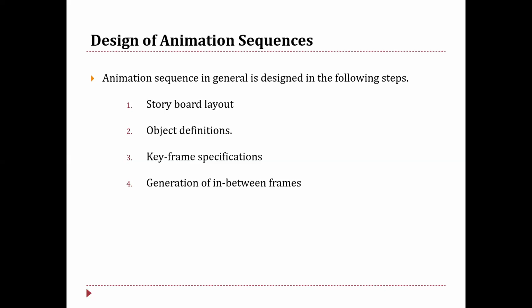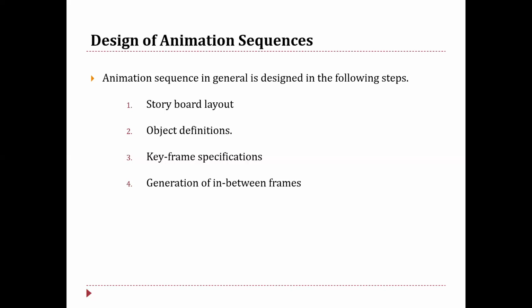Next comes the keyframe specification for us. A keyframe in animation can be defined as a detailed drawing of the scene at a certain time in the animation sequence. It is nothing but a detailed drawing of the scene. Each object is positioned according to the time for the frame with each keyframe.